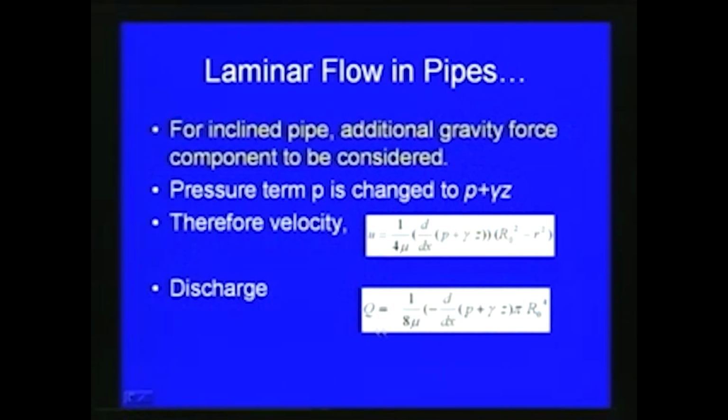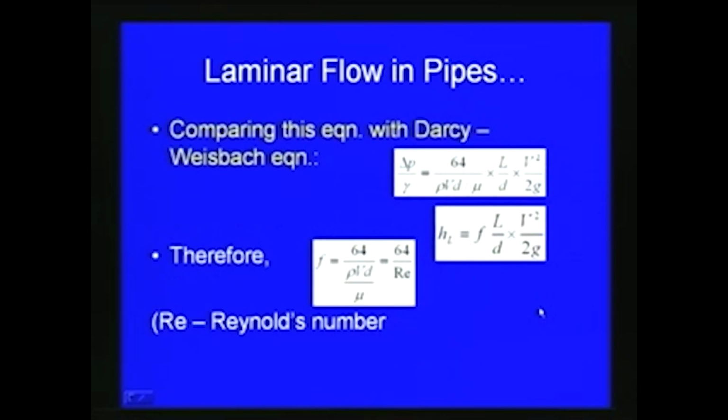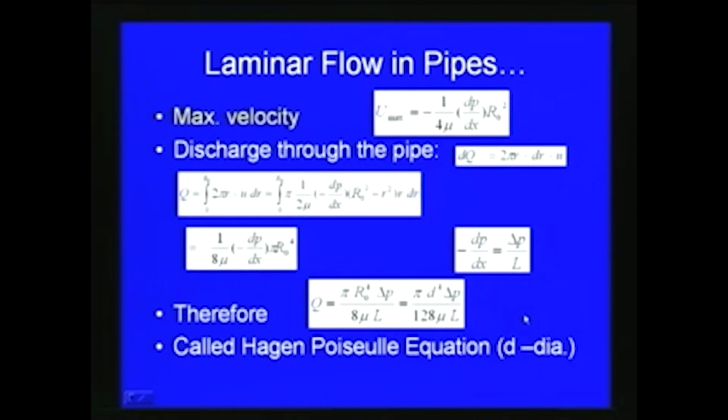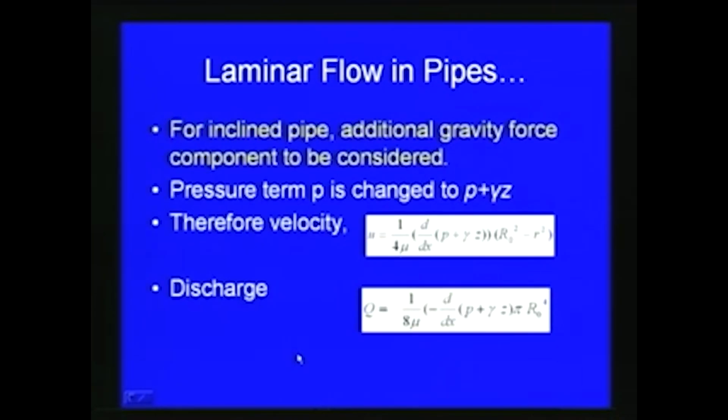As we have seen, the pressure term will change to P plus gamma z. So, the discharge term here we can rewrite from our earlier equation: Q is equal to 1 by 8 mu, minus d by dx of P plus gamma z, into pi into r0 to the power 4, where r0 is the radius of the pipe.